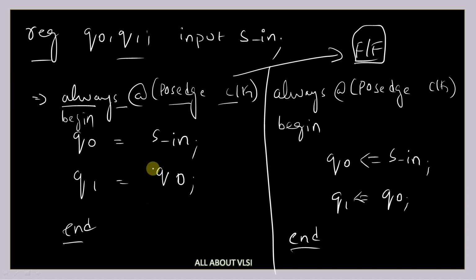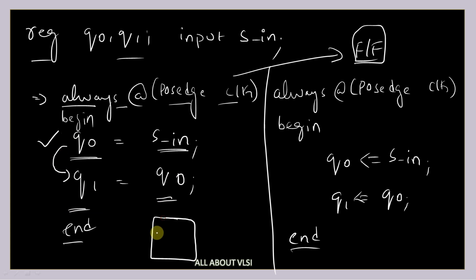Now, if we are using a blocking assignment, then what is going to happen? At the first stage, the input will be given to Q0, so this particular update is going to happen first. Only after that will Q1 be updated to Q0. If you want to see the diagram, it is going to look like this.